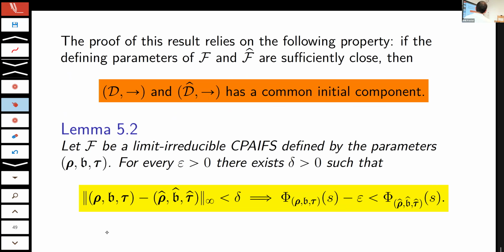The proof of this result relies on a nice continuity argument, the continuity of the natural pressure function, which can be proved by showing some sort of continuity of the Markov diagrams. Continuity of such a diagram essentially means that the new system you obtain by perturbing the parameters a little bit has the same common initial component in its Markov diagram as the original one.